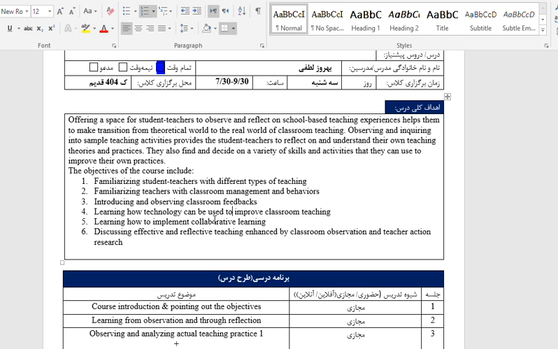Whatever you have done up to now is learning about language teaching. But now you observe and reflect, you understand the practice of teaching. It is different from the concepts of teaching, theoretical information or ideas about teaching.